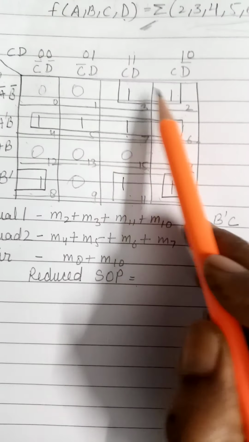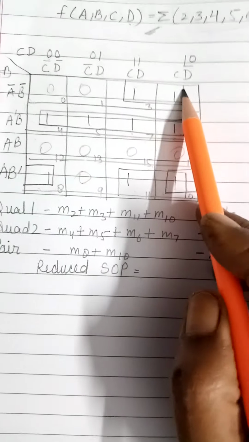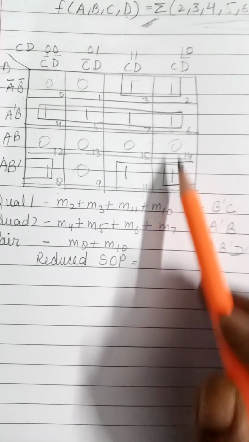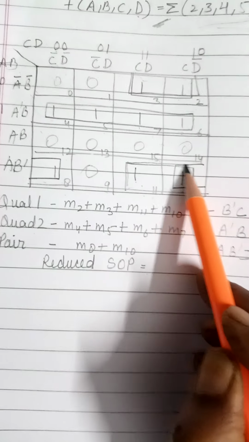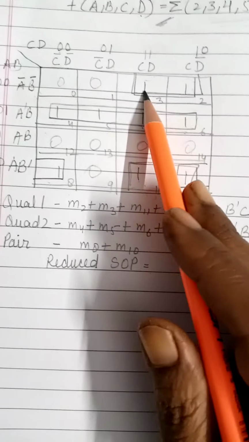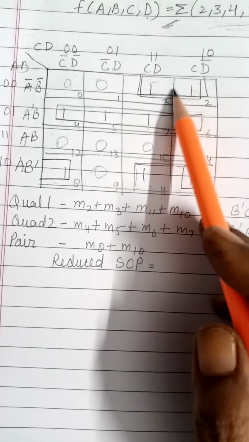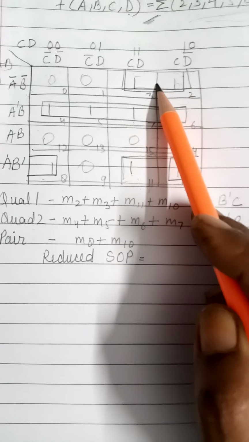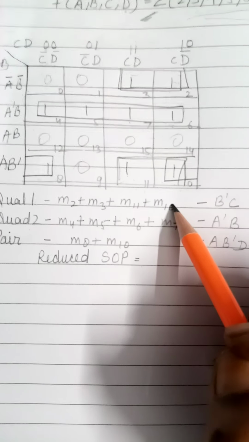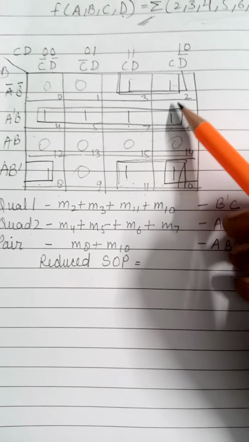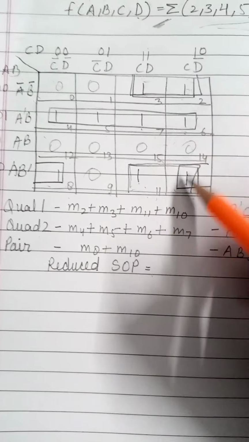Now there are 2 ones here at the top edge and at the bottom edge. So we can make one quad like this, 1, 1, 1, 1, by the map rolling method I have told you. Then 2 quads are there.